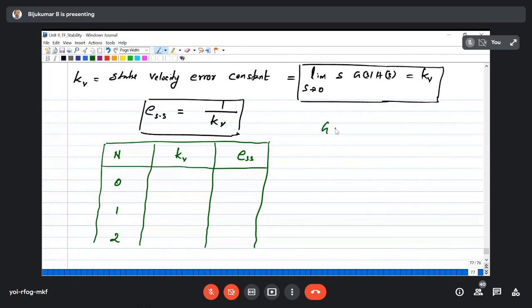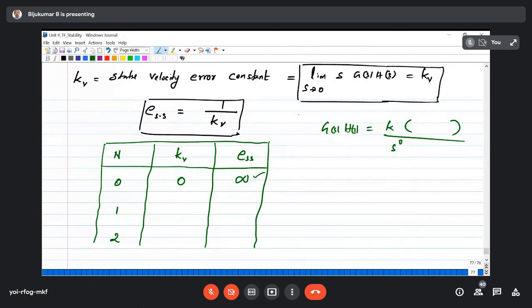For a type 0 system, g of s h of s is equal to k divided by s raised to 0, right? In order to calculate Kv, we have to multiply it with s. So obviously, Kv becomes 0. So what is the steady state error you are getting? Infinite. So if you want to track the response with respect to a ramp input and the type of the system is 0, the steady state error is infinite. It will be very, very large.